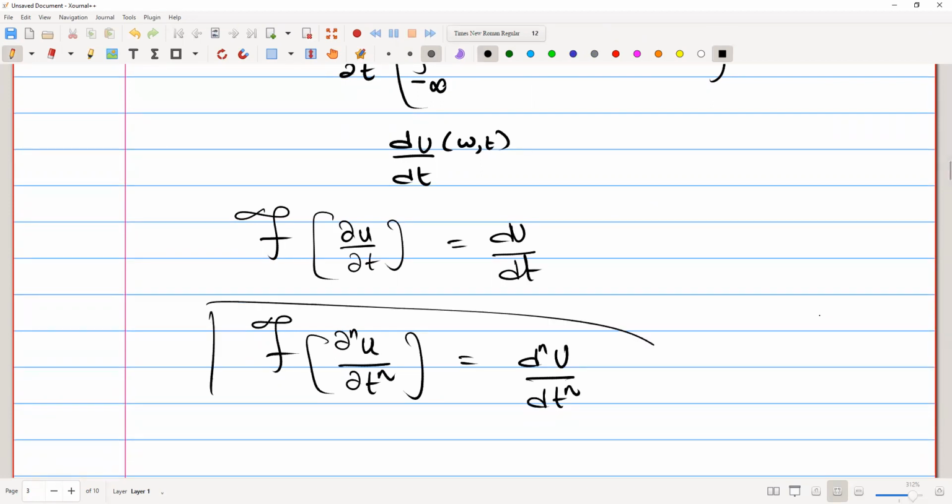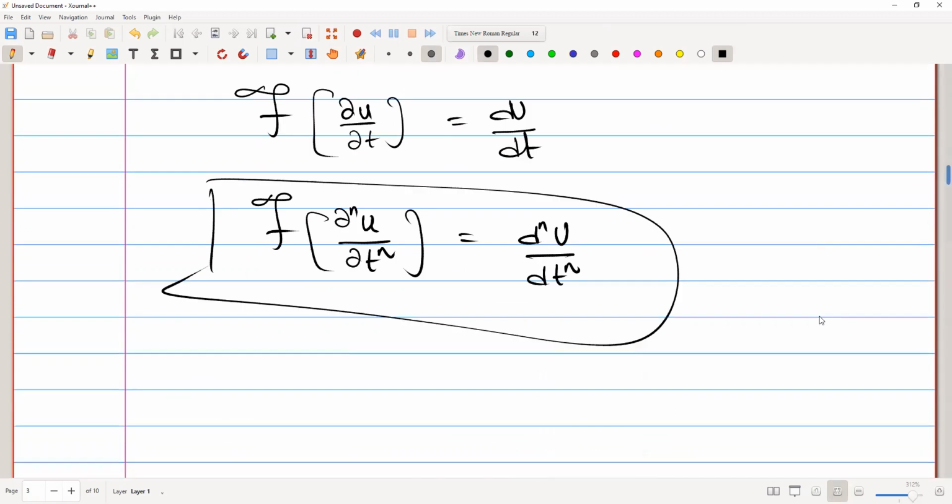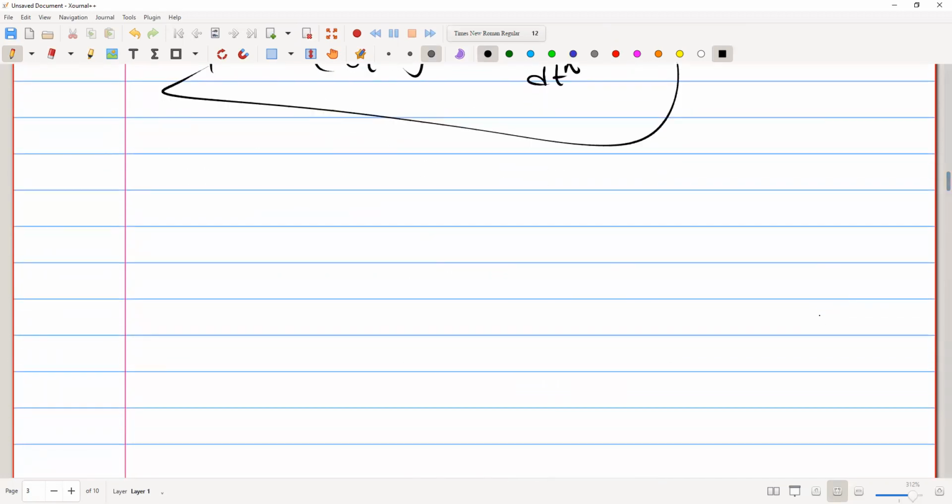So this is the generalization. And now let's take an example. Let's take a simple heat equation, and we will see how to solve the heat equation using the Fourier transformations.